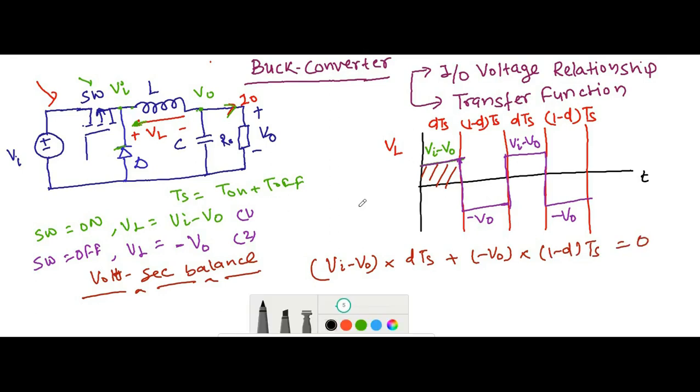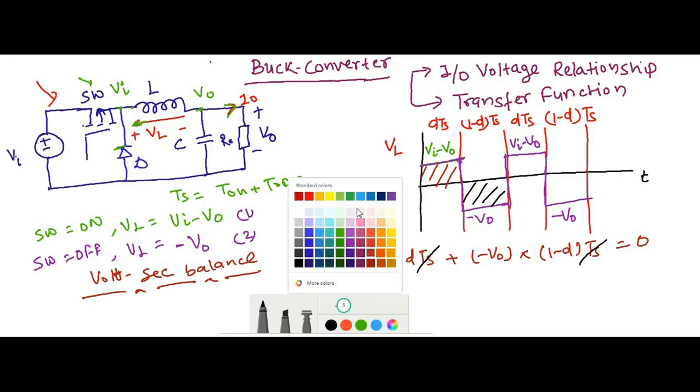The summation of your positive voltage area and your negative voltage area should be 0, and if you cross cut, the Ts cancel, and it is very simple to calculate further.